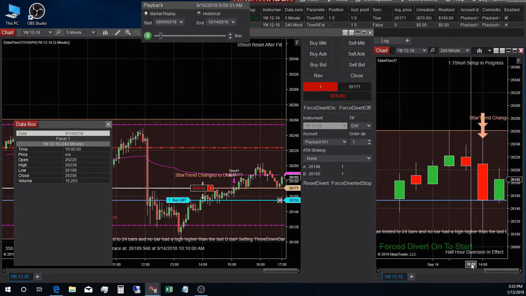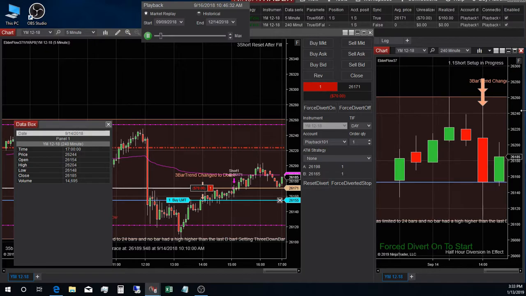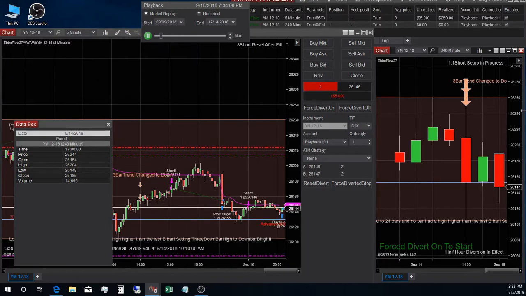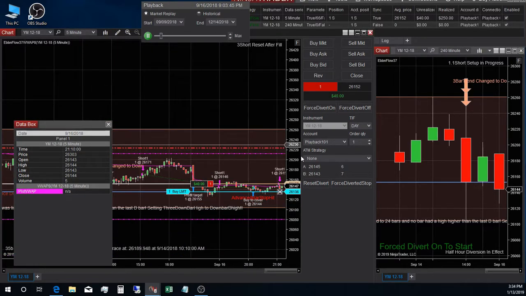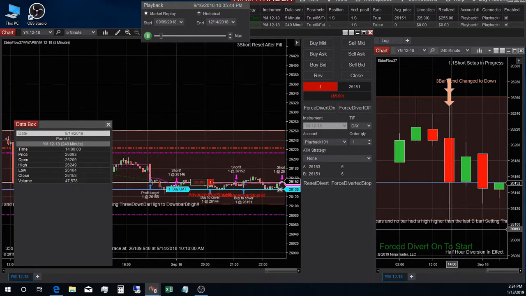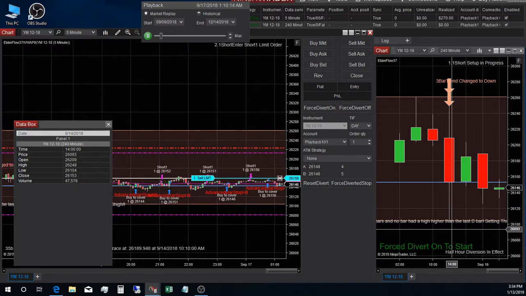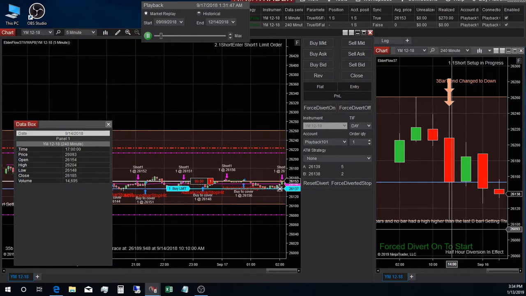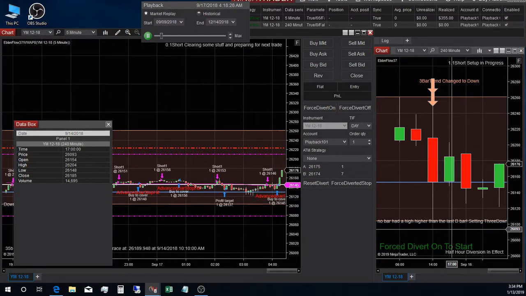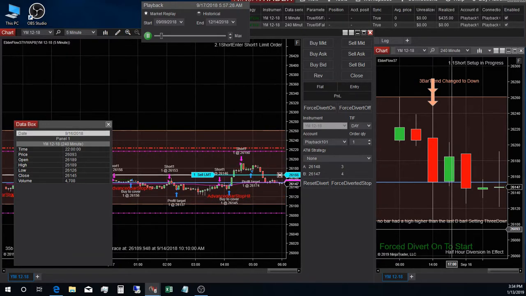Make this a little smaller now, size it up. By the way, the standard way that the robot works is that if the trend range is red, then it will take shorts.